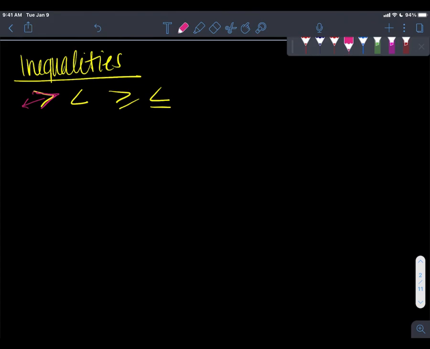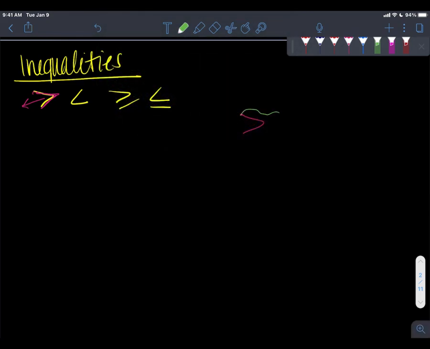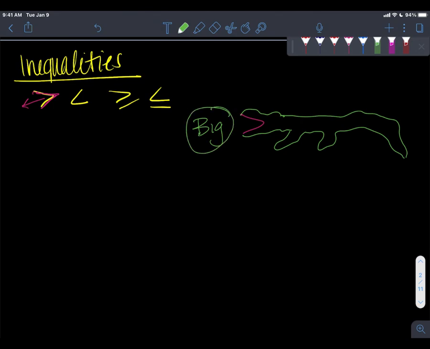As I was taught when I was a kid, it's like a not well drawn alligator, and its mouth is always opening towards whatever is big. Wherever the mouth is facing open, that means it is bigger.